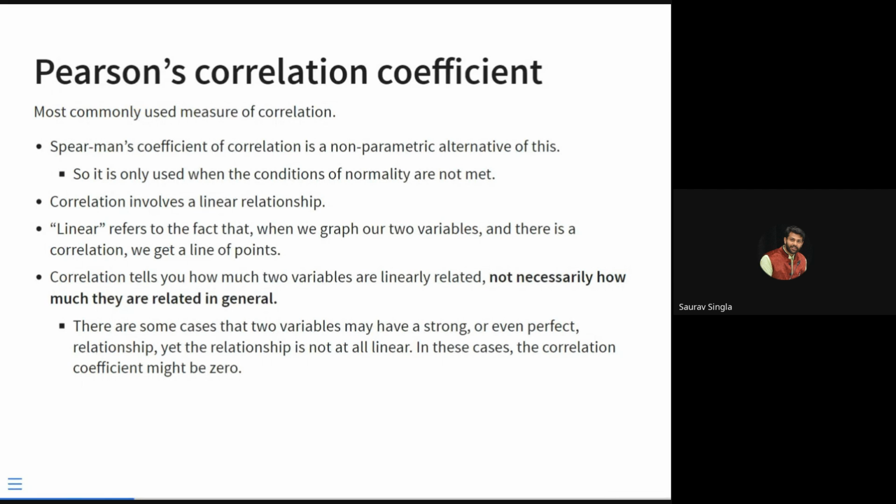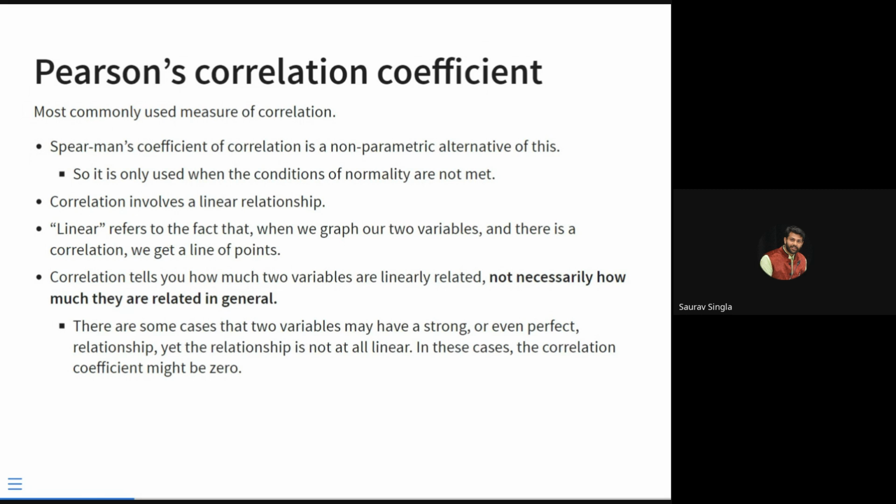If these variables are related through any other relationship, maybe they have a quadratic relationship, maybe a logarithmic relationship, maybe an exponential relationship, maybe a power function relationship, all these cannot be measured using the coefficient of correlation.